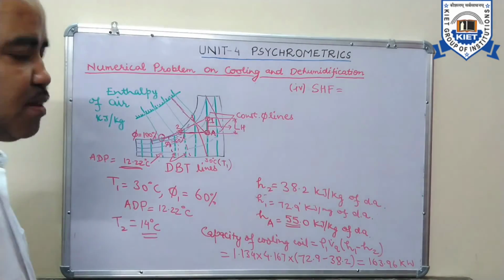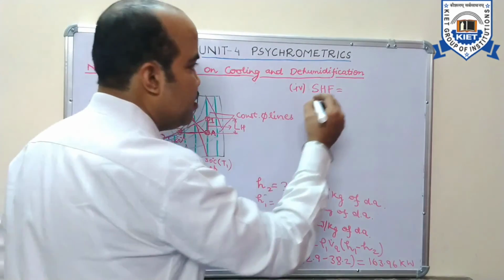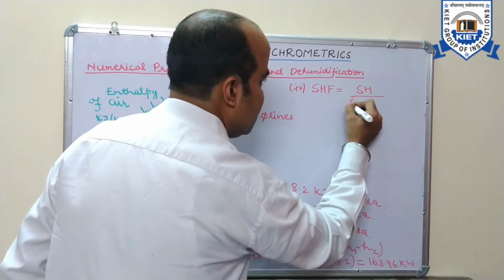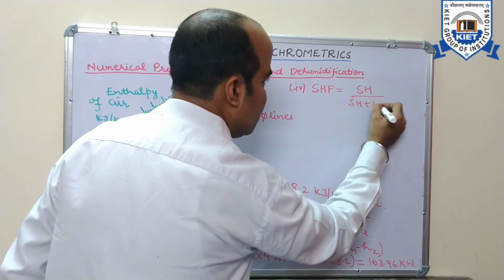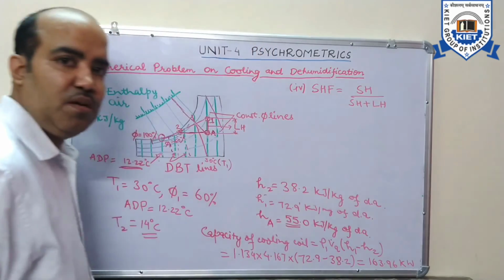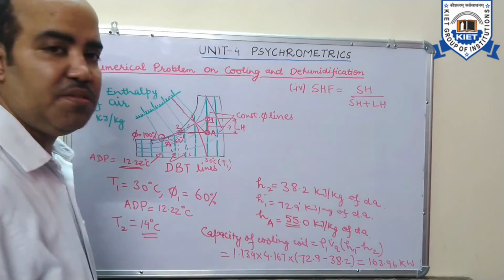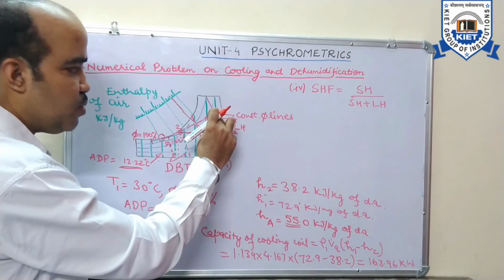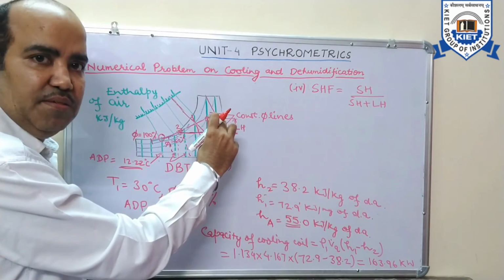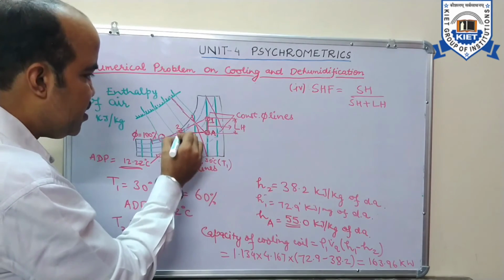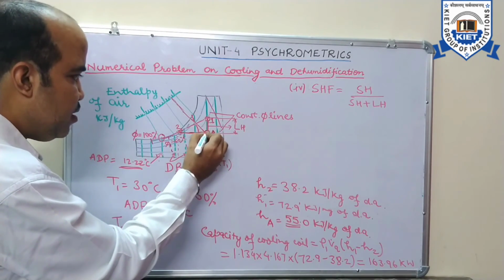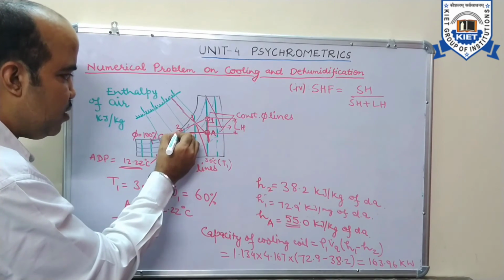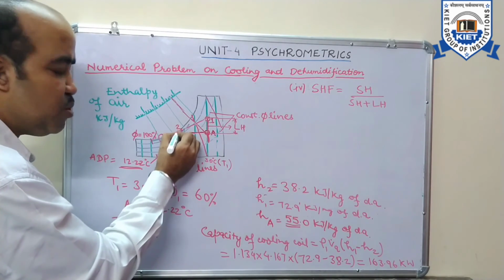The sensible heat factor can be calculated as sensible heat divided by sensible heat plus latent heat. In one of my previous lectures I told you that latent heat is equal to H1 minus HA, and sensible heat is the difference between the enthalpy at point A and that at point number 2.